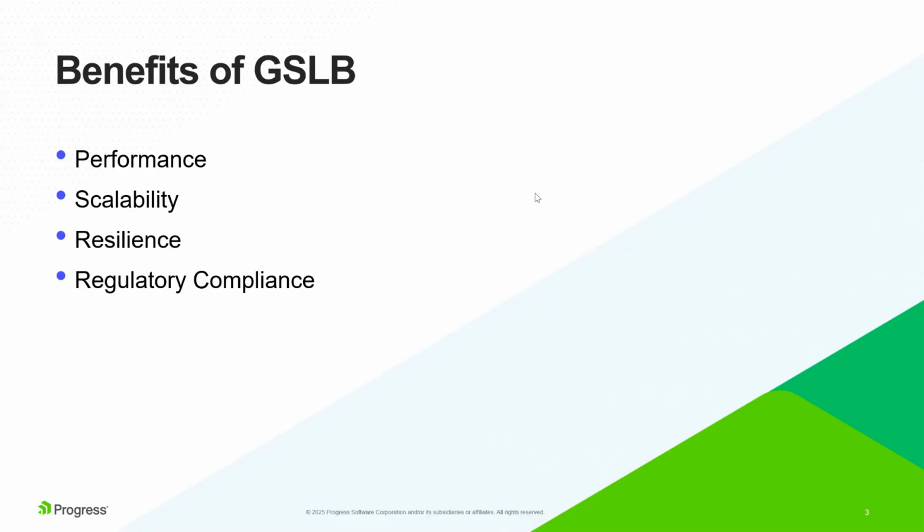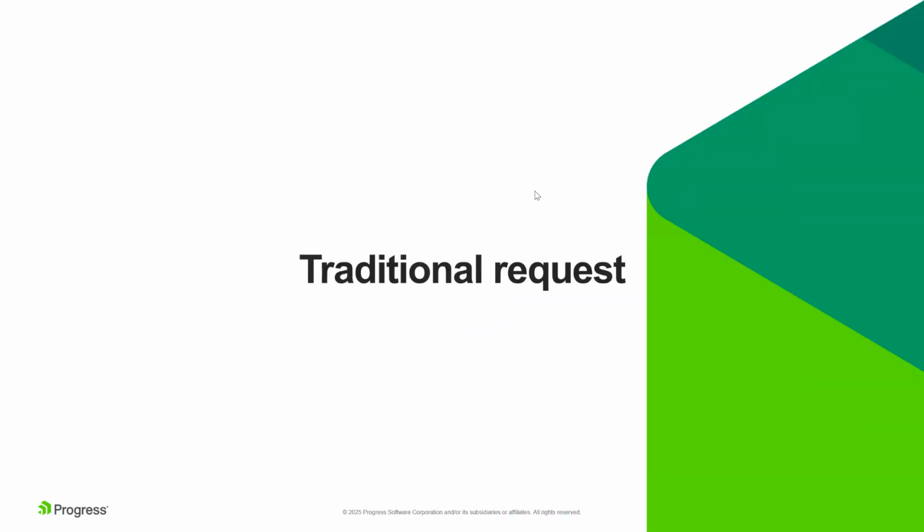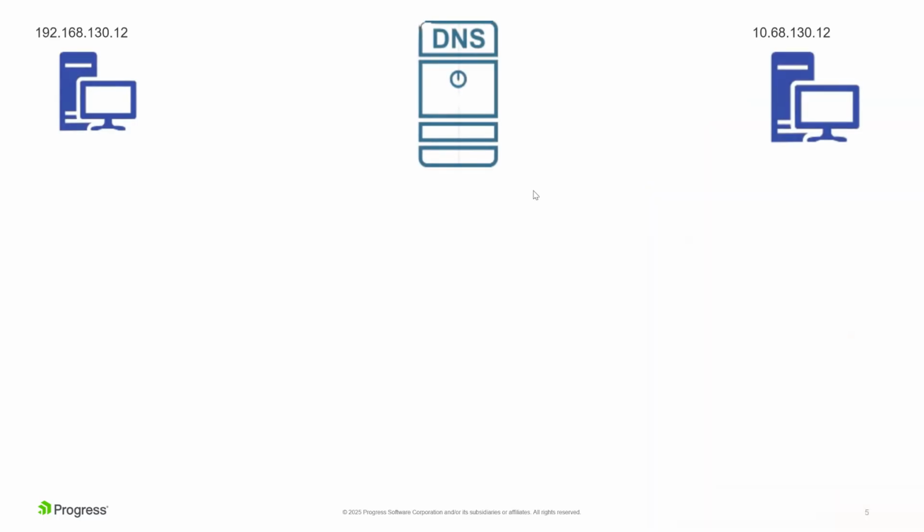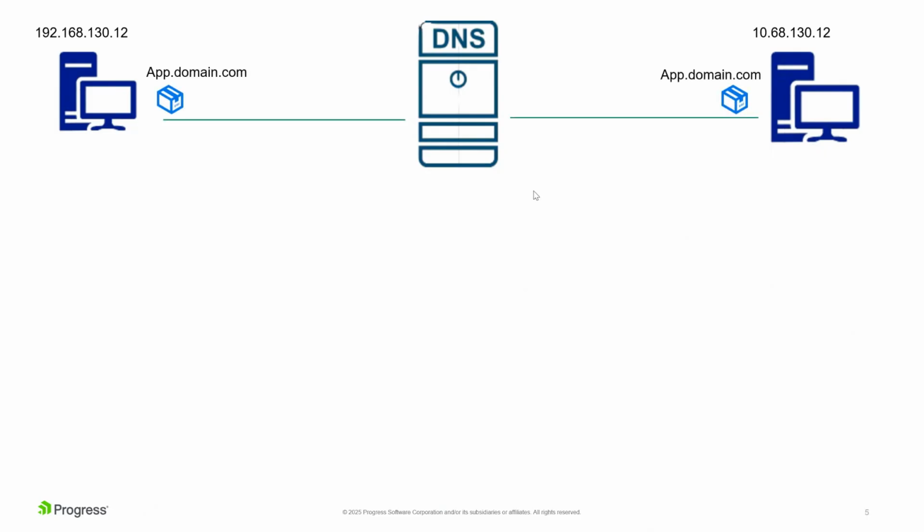Okay, so now that we've discussed a little bit of what GSLB is and what the benefits of GSLB are, let's take a look at how the flow of information traditionally works without GSLB. So in this example, we have two subnets, two end users trying to access our application, which is app.domain.com.